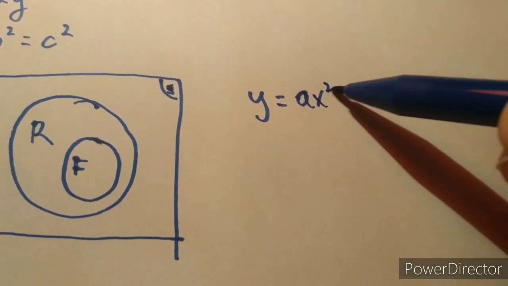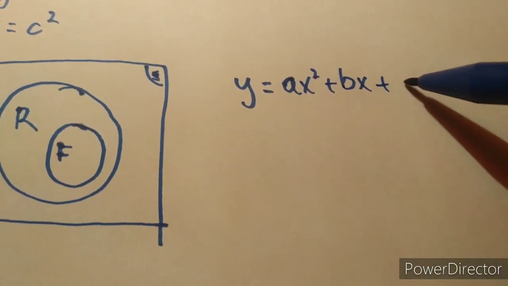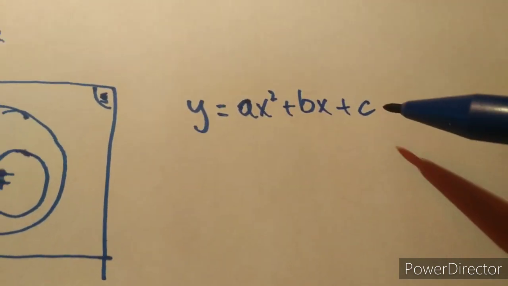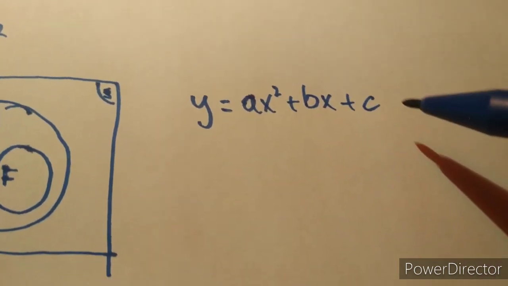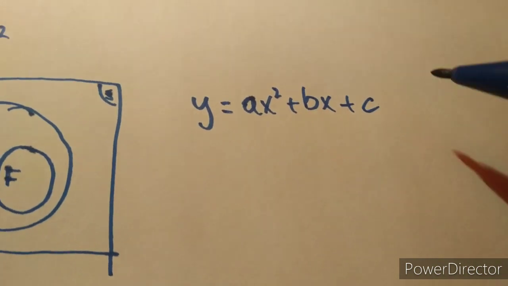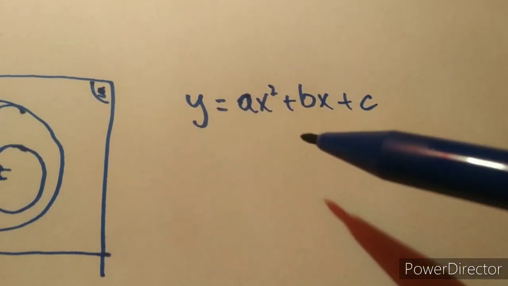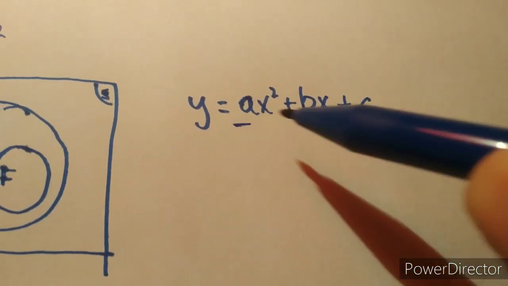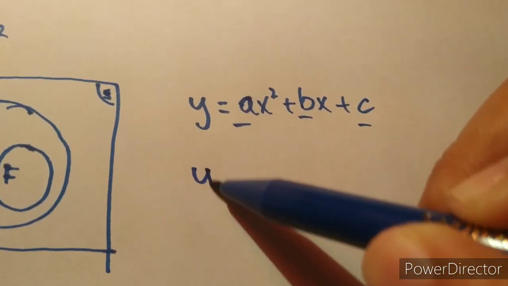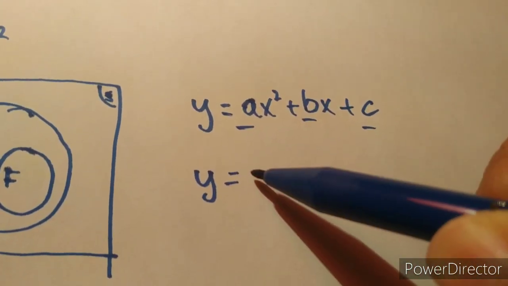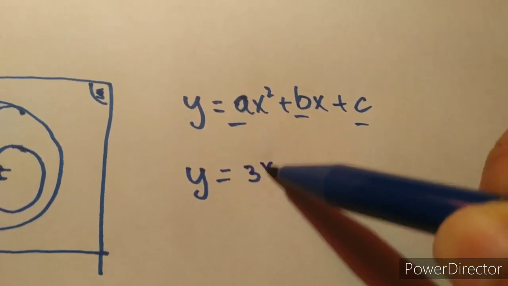So now, for example, you have learned this one. This is actually a quadratic function, also a quadratic relation. Let me change the a, b, c since you can confuse them with variables.